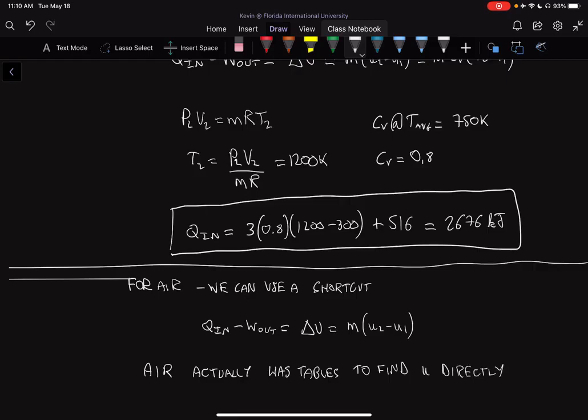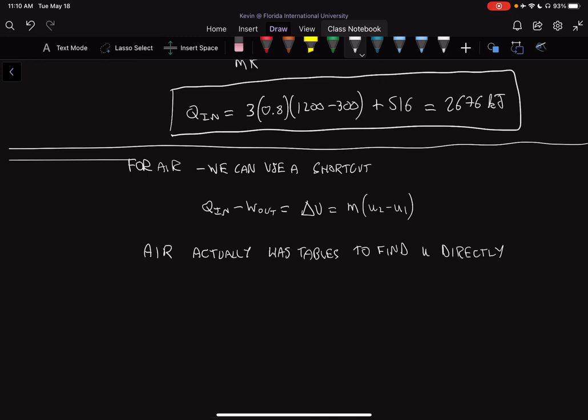So just like water and R134A, air actually has a table to find U. Okay, so if you have a problem with water or R134A, you wouldn't need to find CV delta T because you already have the term for U in the tables. Well, air has those terms as well. And air is the only one that has those terms in our textbook. So we're only going to be using this trick for air.